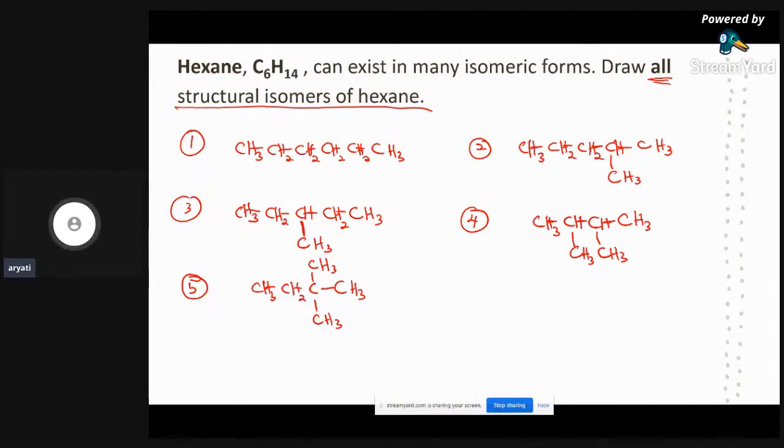Okay, so I think there are 5 isomeric structure for C6H14. Sebab kalau kita ubah this one, pindah kat sini, dia dah jadi structure yang ini sama. Okay, so dia tak adalah.